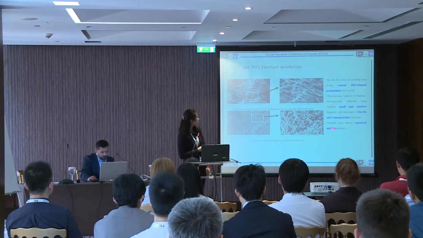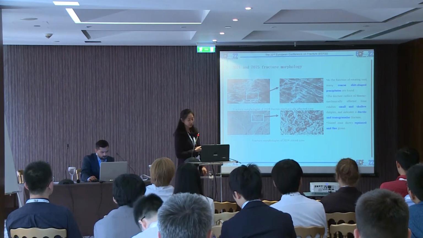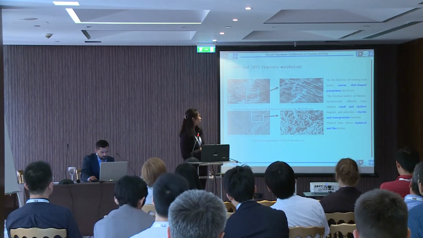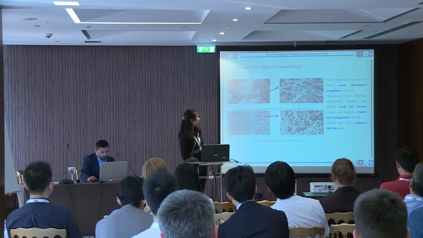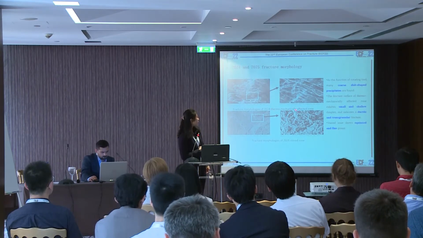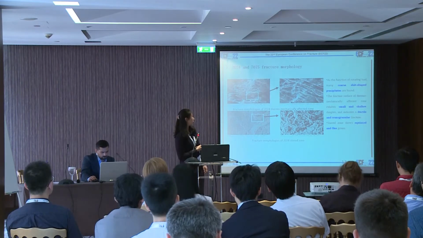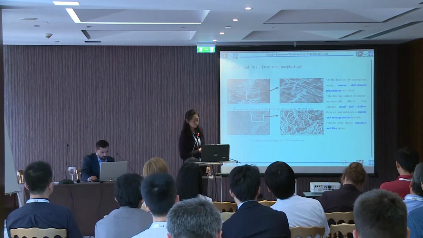But the stir zone has the increased and fine grains. So for the aluminum fracture, it always happens as the voids grow. So the thermomechanically affected zone of the 2024 has worse mechanical properties than the stir zone.